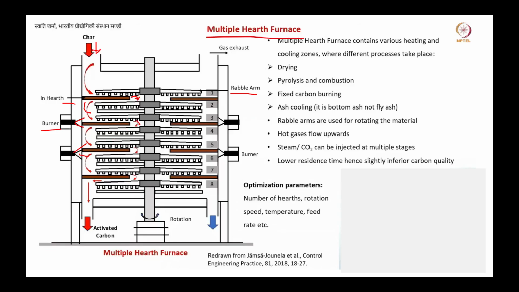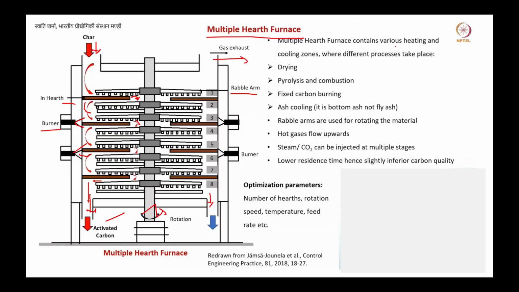There are multiple hearths through which your char will come, and it will be exposed to different temperatures, with a temperature gradient across them. Then at last you will get activated carbon as the end product, and this will also keep rotating. This is also one outlet, and from this side you will have your gas exhaust.